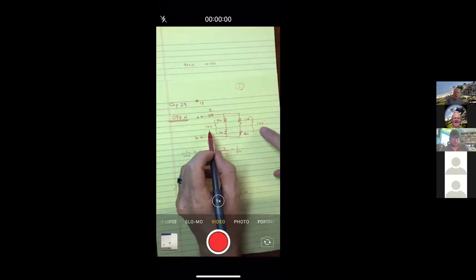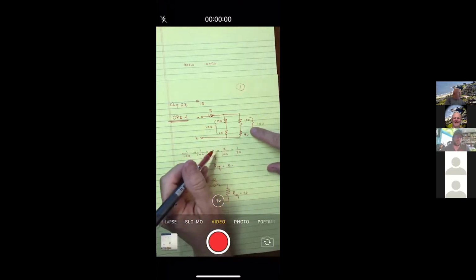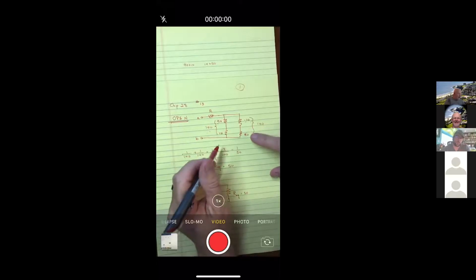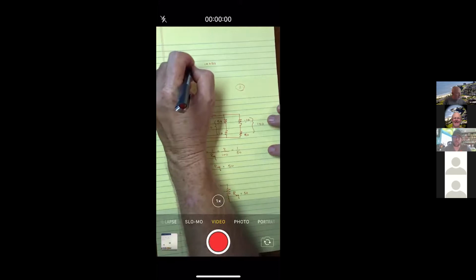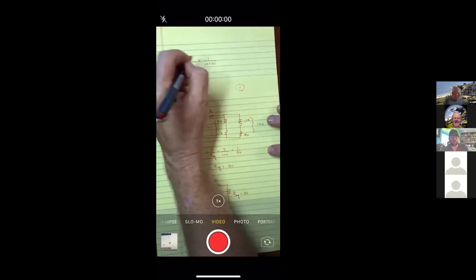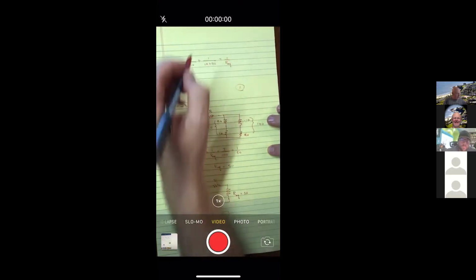So that's where I got the 100. Then they said these two are in parallel with each other. So if I take their results, I would get this equivalent.